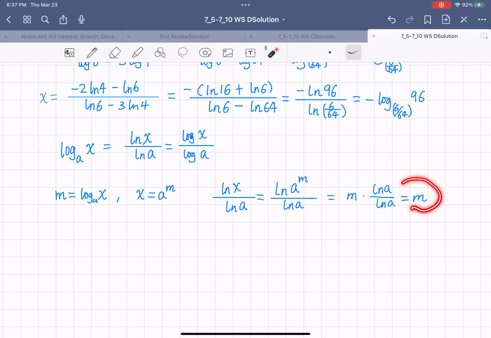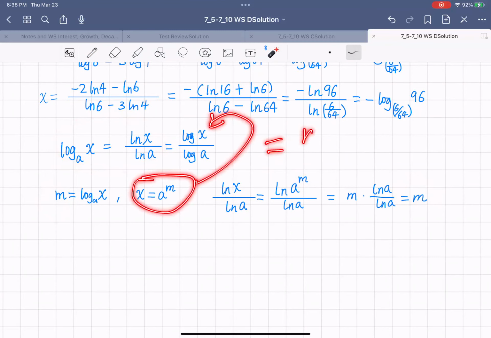That's why this m equals this m. So these two are equal. Same thing. You can plug this in here. This becomes m times log base 10 of a over log base 10 of a. This cancels, so it is still m.